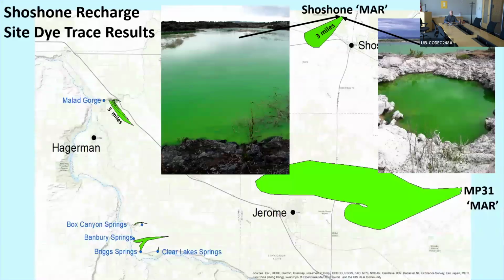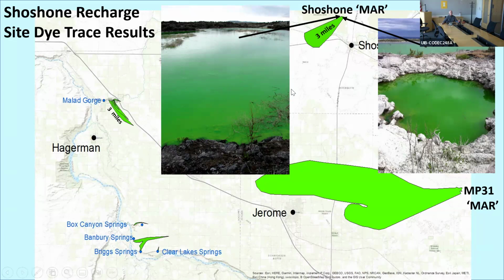Now we move away from the spring areas to the east to our aquifer recharge basins. And the first one we'll look at real quick is up near Shoshone, the town of Shoshone. We have a recharge basin where we turn water out of the canal from a structure here located up by this building and flood the basalts out in this area and let the water course seep into the ground.